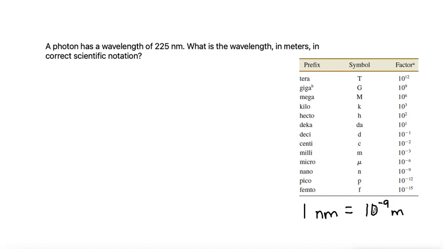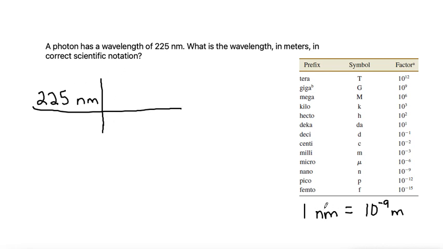That means that we can use it as a conversion factor. So what we'll do is we'll start with the number that we're given, the 225 nanometers. And I like to draw railroad tracks to keep myself organized.